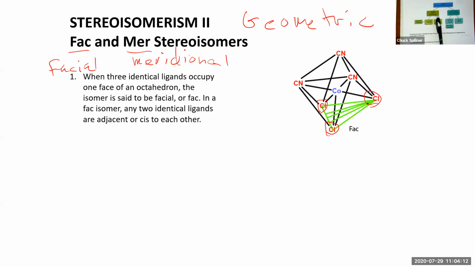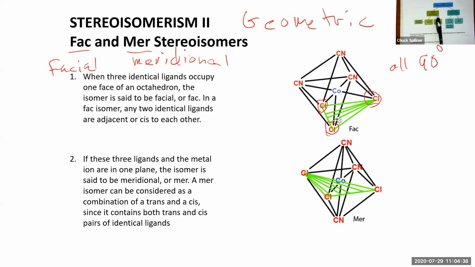The bond angles in a facial isomer are all 90 degrees. So the bond angles between all the chloride, cobalt, chloride are all 90 degrees. So that's another way you could look at it.